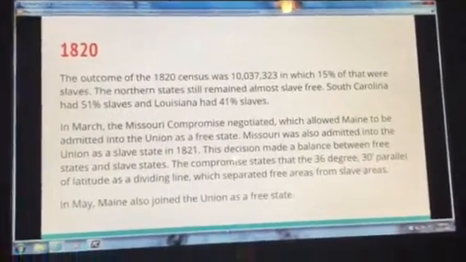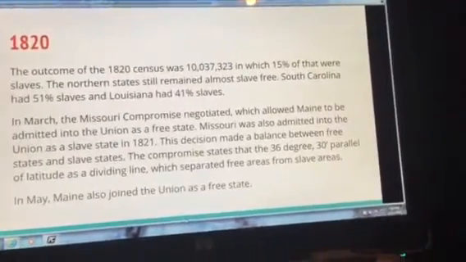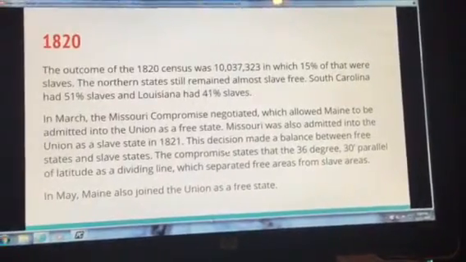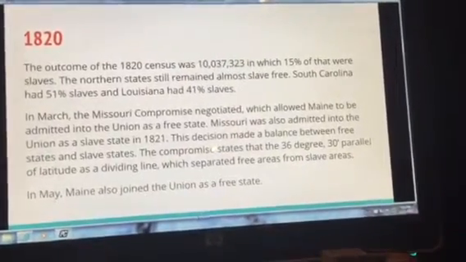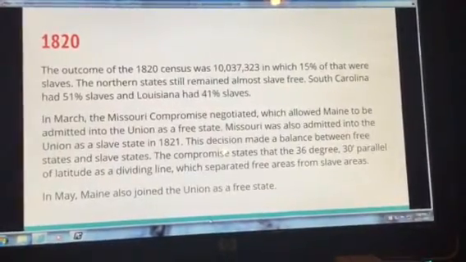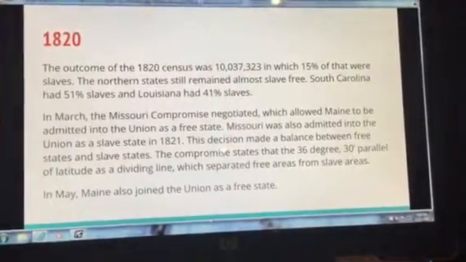The compromise stated that the 36°30' parallel of latitude was a dividing line, which separated free areas from slave areas. In May, Maine also joined the Union as a free state.